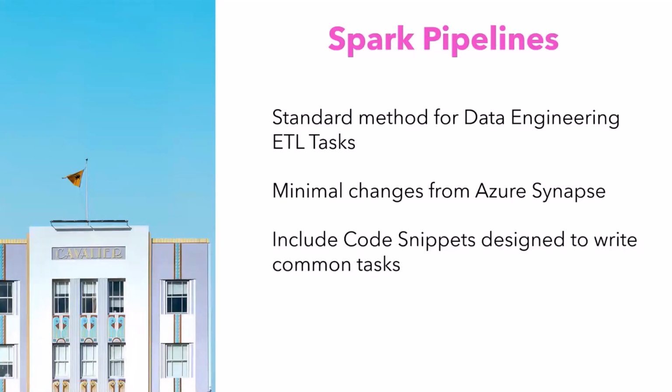So these code snippets are basically taking common tasks that you might be using right now in Spark, or that you want to do in Spark, and giving you the framework that you need to create them. To do that, I'll show you how.